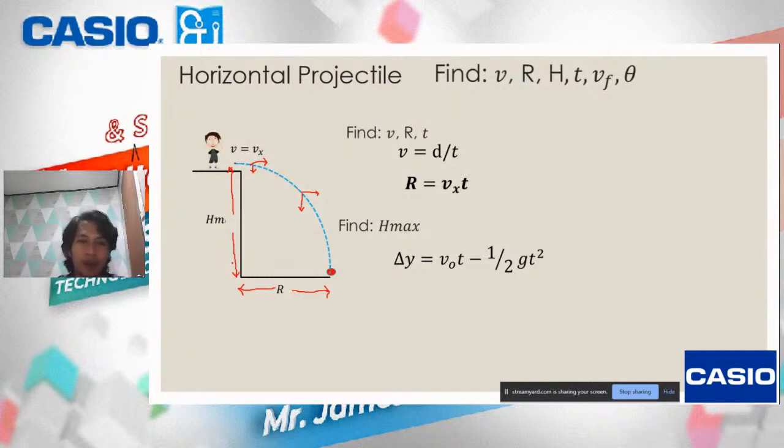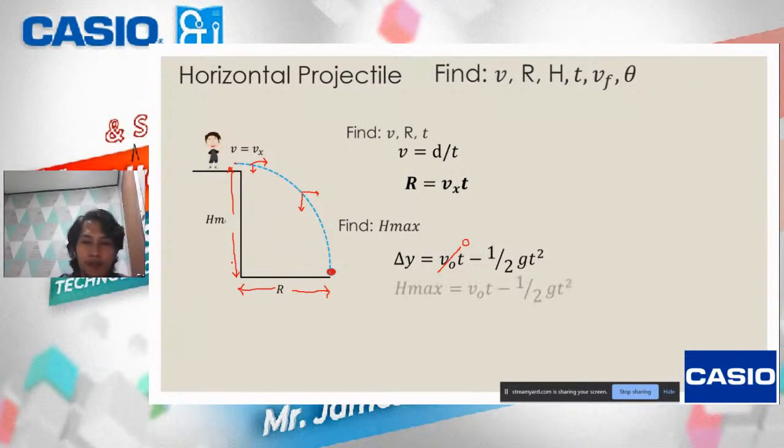Pero, all of the problems, regardless kung ano man yan, for as long as it is a horizontal projectile, we know that the value of our y here initially is equals to 0. So, therefore, ito, pwede natin i-neglect or equal na siya sa 0. Okay? And then, ang ating delta y is just the same as our height or ating maximum height.